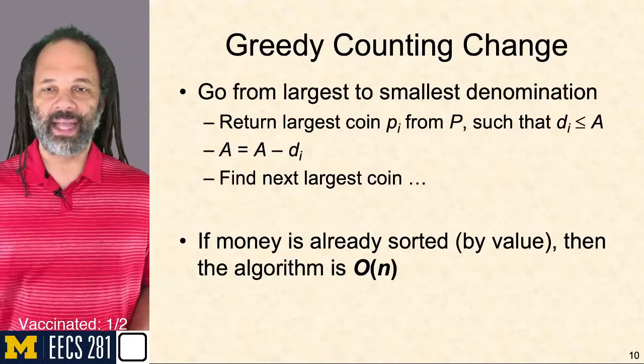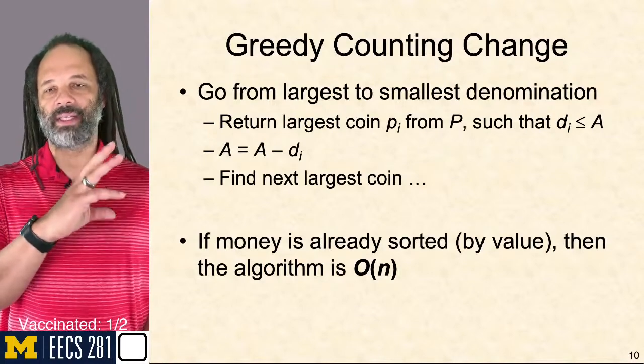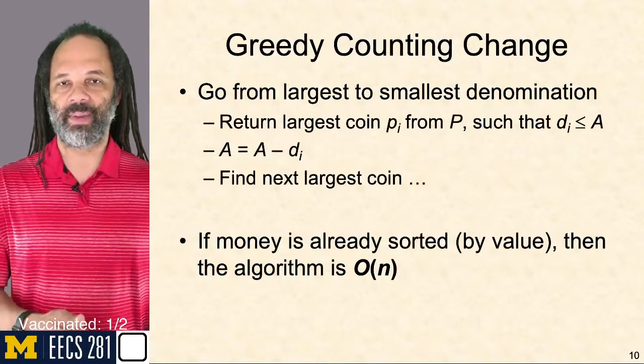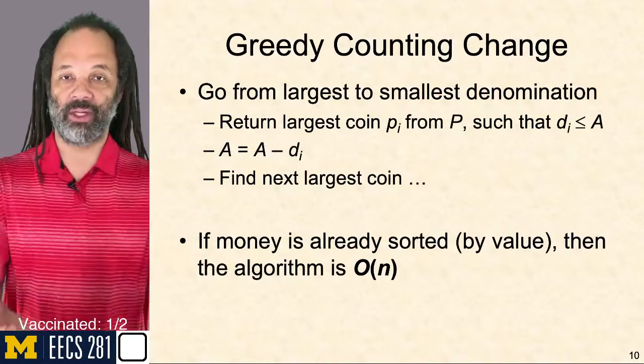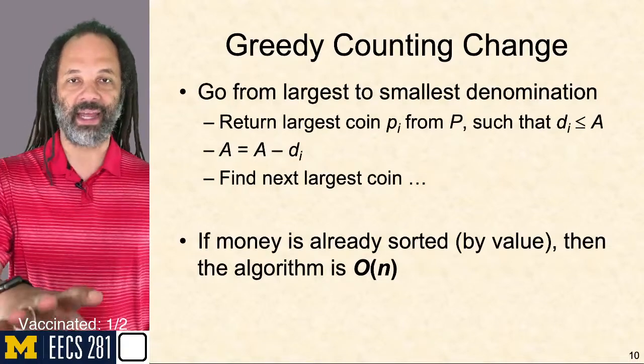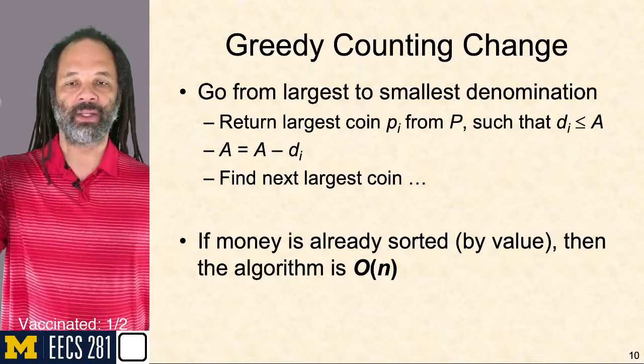So let's go back to counting change. We're going to go from the largest to the smallest denomination because I'm trying to give change back in as few coins as possible. I want to give back as much as possible with every step. So that's my greed: take it, take it. We start at the largest denomination and go to the smallest.